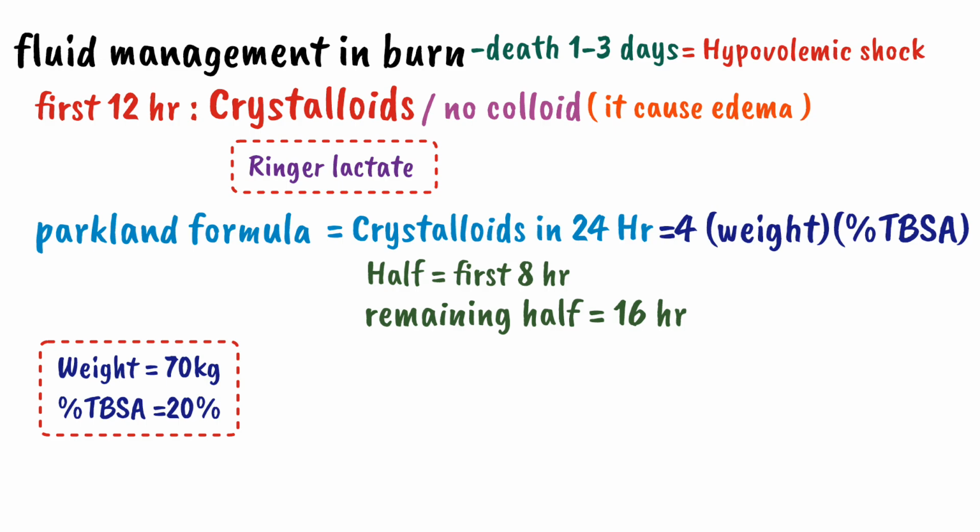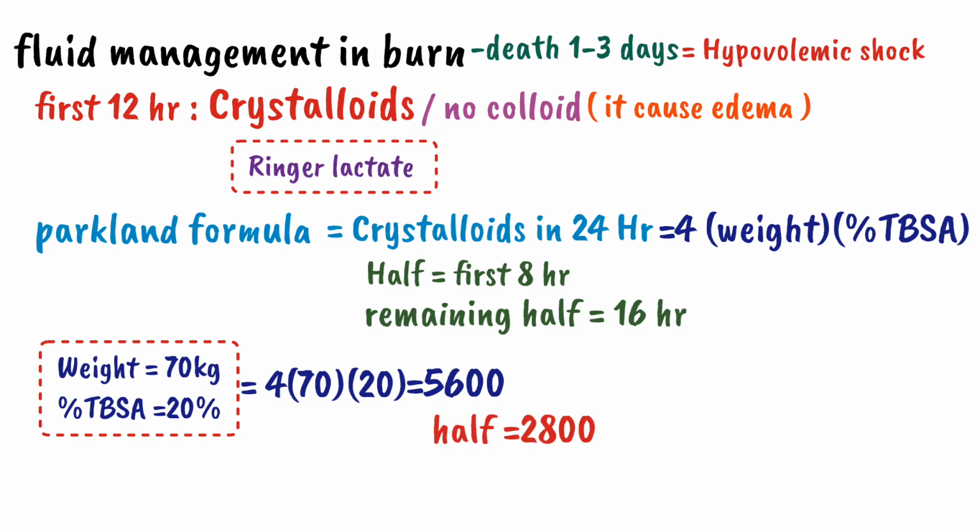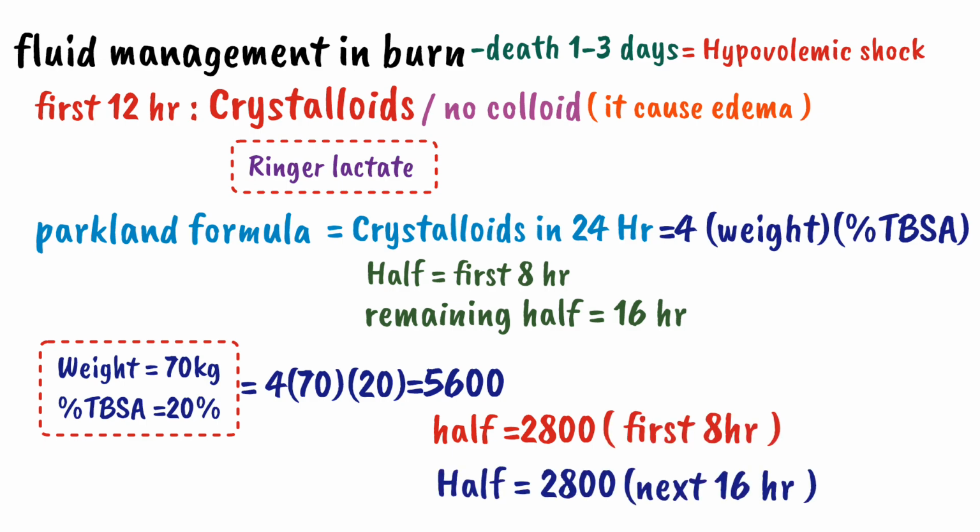According to the Parkland formula, 4 multiplied by 70 multiplied by 20 gives us 5600. So half of this fluid, which is 2800, should be given in the first 8 hours and the remaining 2800 should be given in the remaining 16 hours.